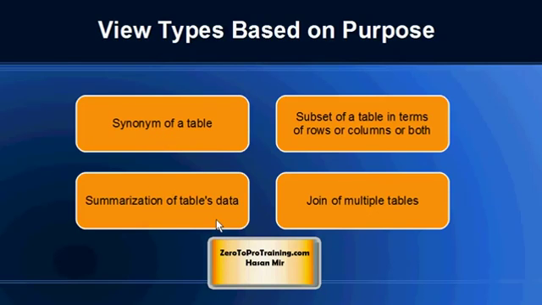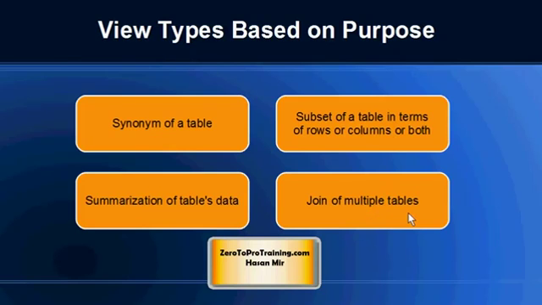If a base table reflects detailed data, a view could be created to reflect a summarization of the detailed data. A view could also be created to display a subset of data in the table in terms of both columns or rows. For example, if a table has 20 columns, in a view you can simply display the 10 that you're interested in, and you can also filter on rows like we did in our example.